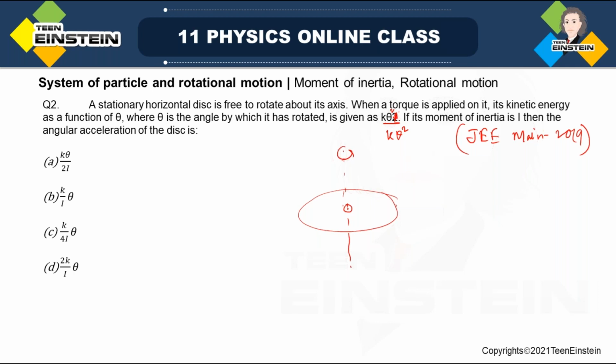If the moment of inertia is I, then the angular acceleration of the disk is asked. So the rotational kinetic energy of this disk is given as k theta square, and I is the moment of inertia of the disk. We have to find the angular acceleration of the disk in terms of k and the moment of inertia.